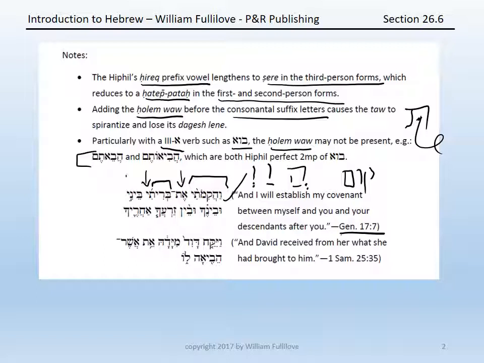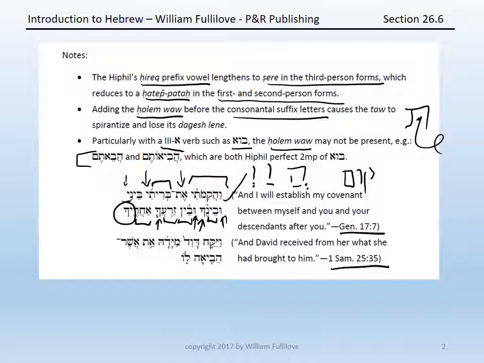Then bein, plus the first common singular suffix, between myself, and beinekha between you, and bein zar'ekha between seed, plus the possessive suffix, second masculine singular, your seed, or your descendants, acharekha, after, second masculine singular suffix, after you.